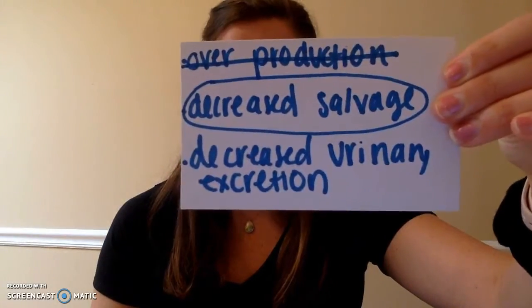And the last one we have to discuss is decreased urinary excretion. This is probably the least common, and this is diagnosed in patients who are usually heavy alcohol drinkers or someone who has chronic kidney disease. And this is because the body itself is either very dehydrated or it has an inability to actually make uric acid and secrete it from the body.